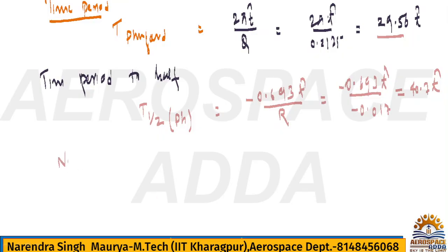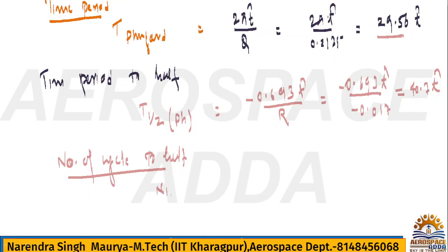Now the same you can calculate for the number of cycles to half, n 1 by 2.